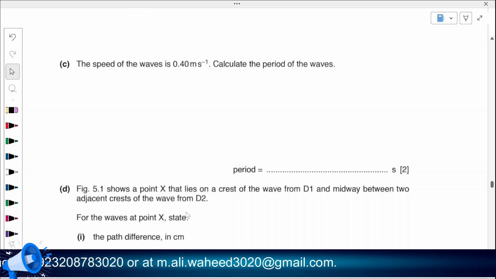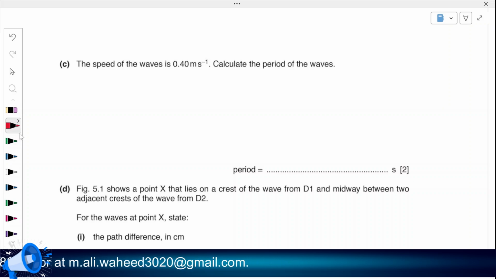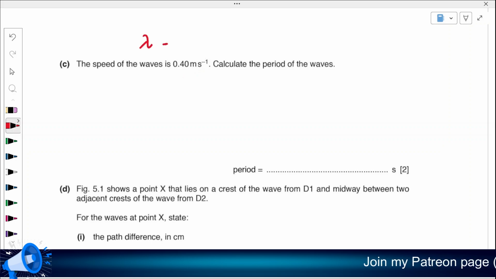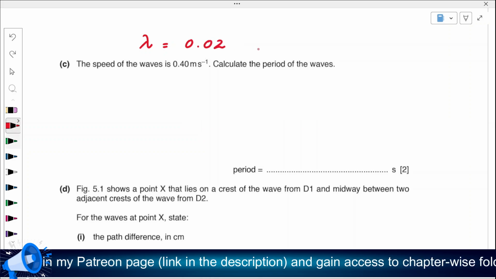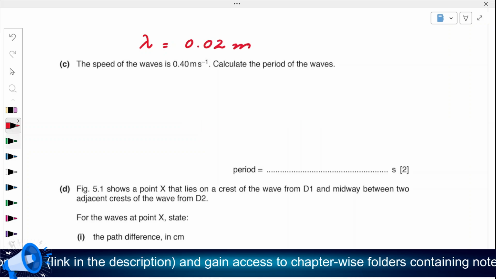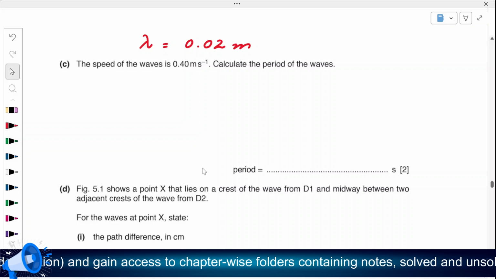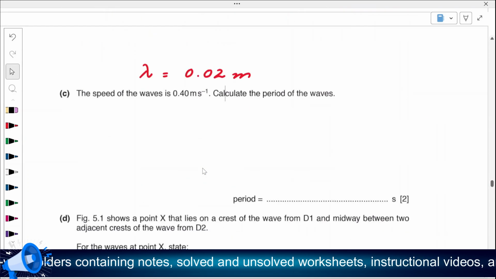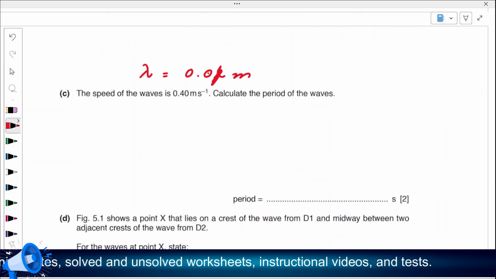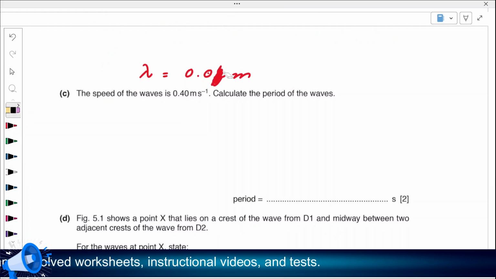Okay, there we go, something interesting now. Mathematical. The speed of the waves is this much. Calculate the period of the waves. I think we were provided with the wavelength also. It was, if I'm not wrong, 0.02 meters, aka 2 centimeters. Oh, sorry, my bad, 0.06.